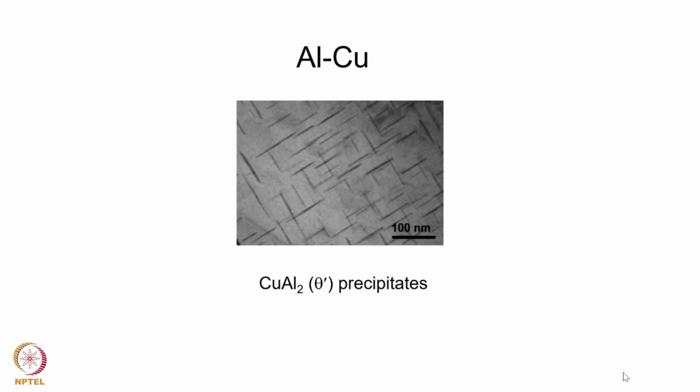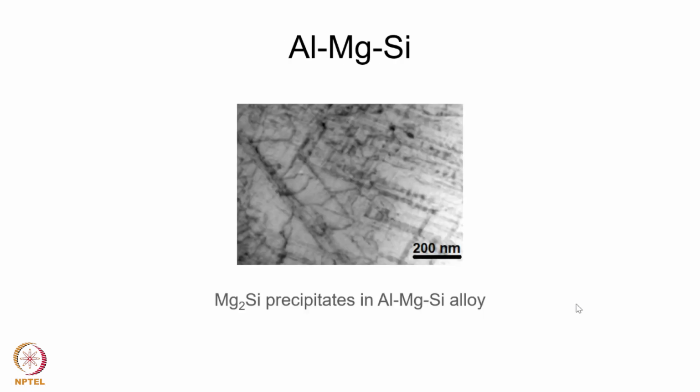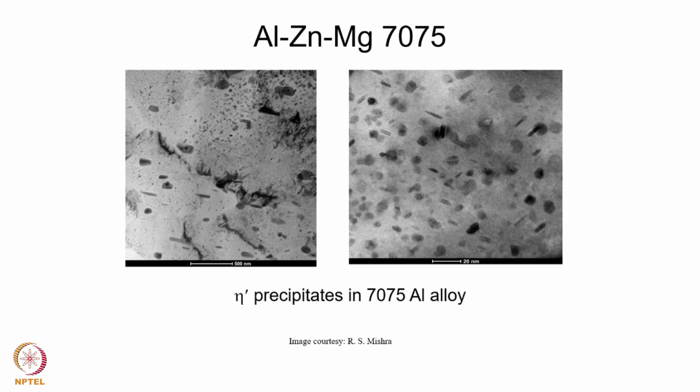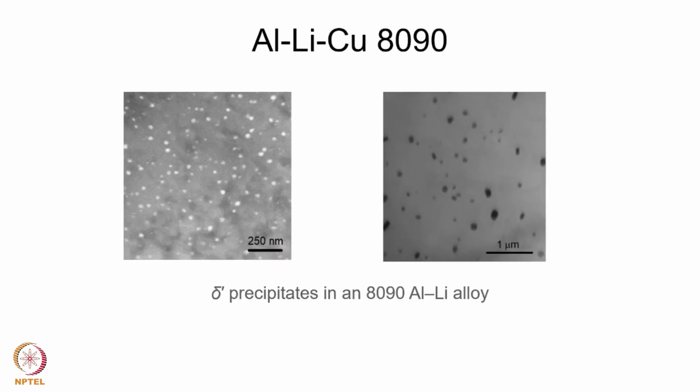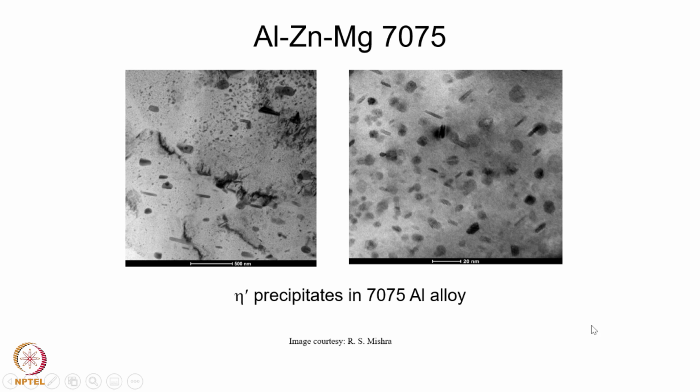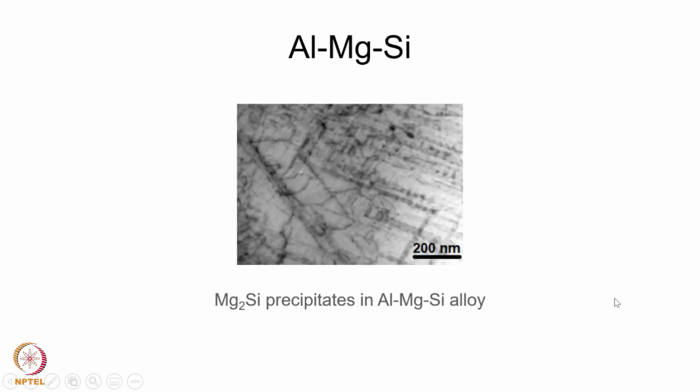So in the heat treatable alloys, we have 2000 series, 6000 series, the 7000 series and the 8000 series. And each of these alloys has a particular strengthening precipitate, which will also have a particular morphology. So let us have a look at the morphologies of different precipitates in these alloy systems.